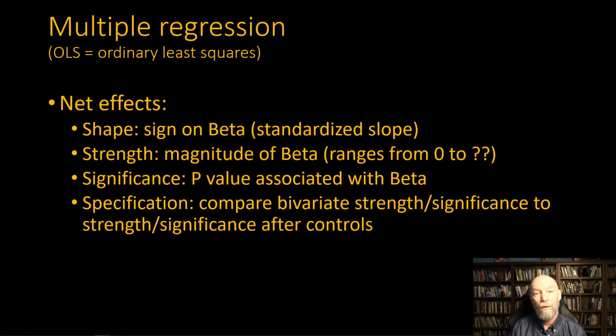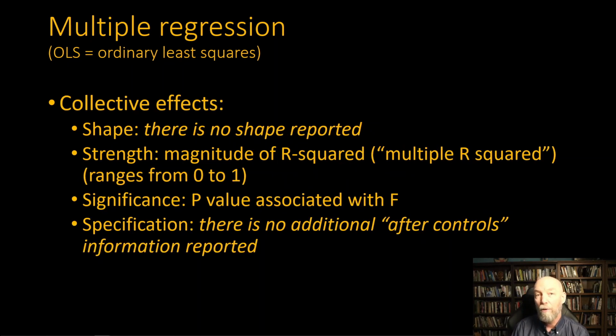That's the net effect. Collective effects are also talked about in multiple regression, and this is the first tool in this video series that has had a collective effect measure. There is no shape reported. I'll unpack that when we get to the example, but there is no way to talk about direction of effect, because if we have 2 or 3 or 4 or 5 independent variables, some of them are causing the dependent values to go up, some of them are causing the dependent values to go down, and so collectively what they're doing can't be described as up or down, except in a net sense, because we have to take all of them into account.